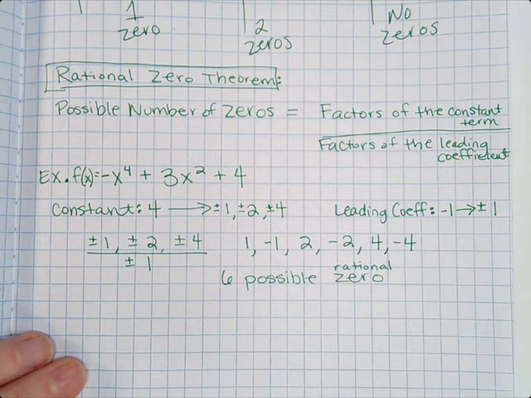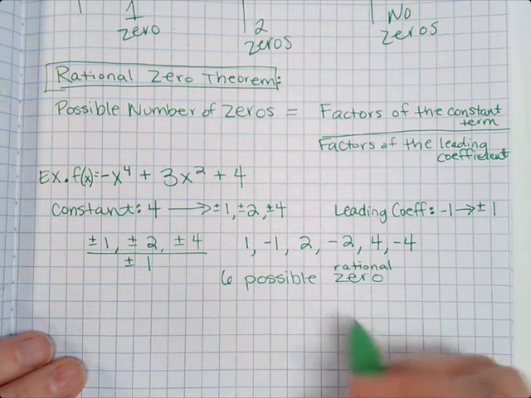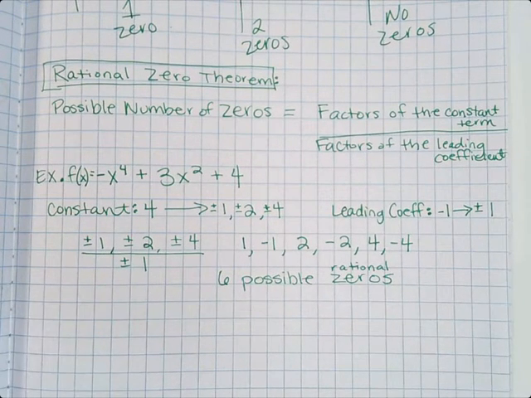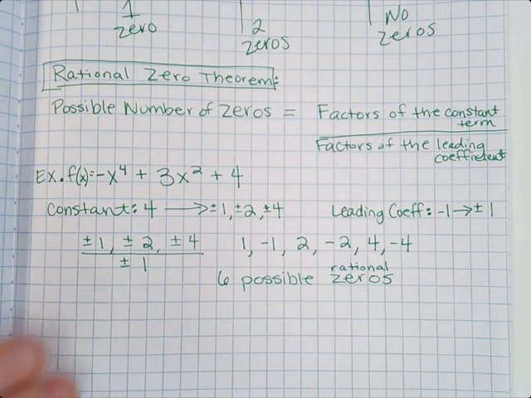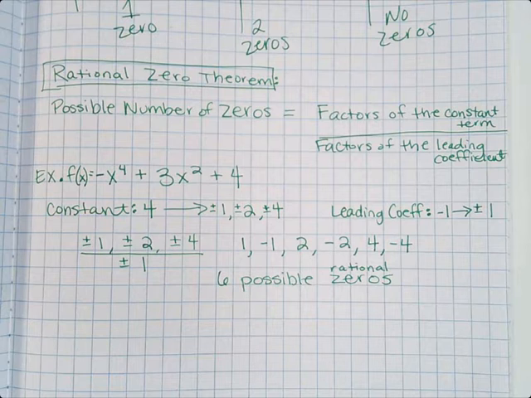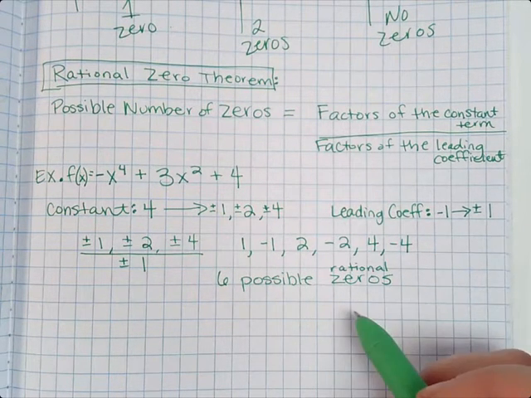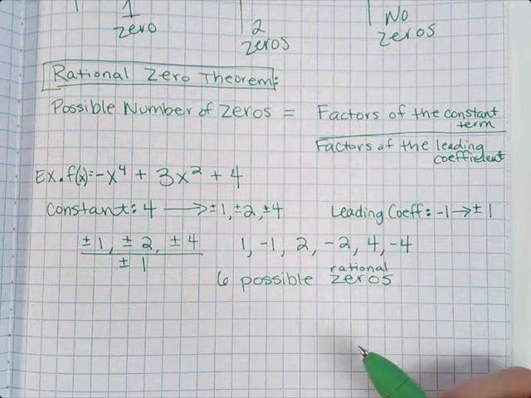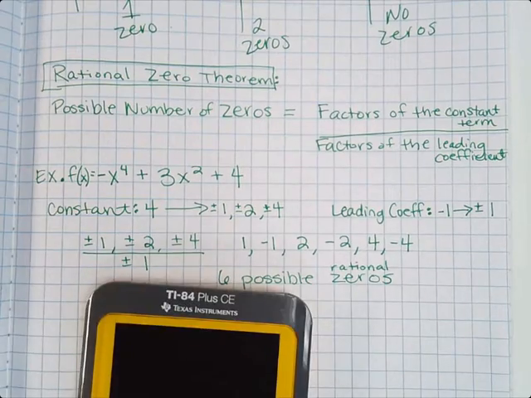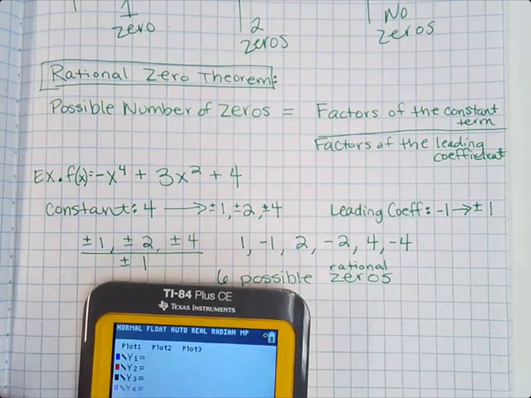Because we have rational and irrational. So we are just going to talk about rational zeros right now. Then we have real and imaginary. Okay, so there are 6 possible rational zeros. We can look at the graph to find those. So let's get out our calculator. Let's plug this in to find the actual zeros.